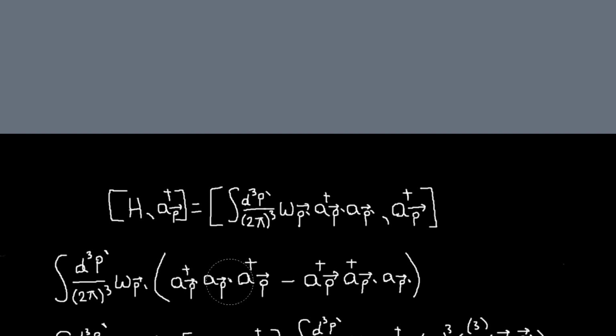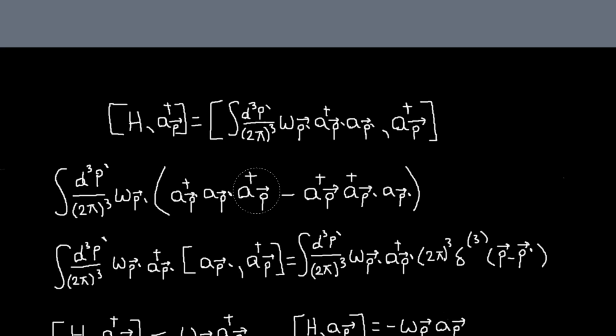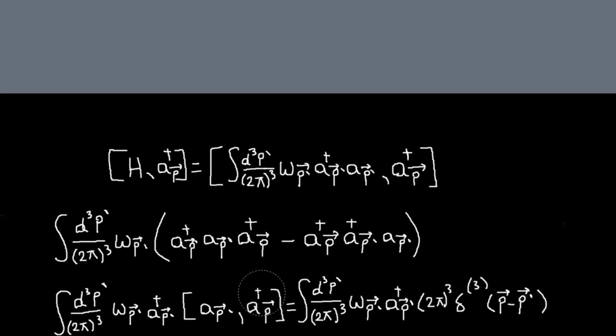I'll just be left with A P prime A P dagger minus A P dagger A P prime. In other words, I'll be left with the commutator of A P prime and A P dagger.